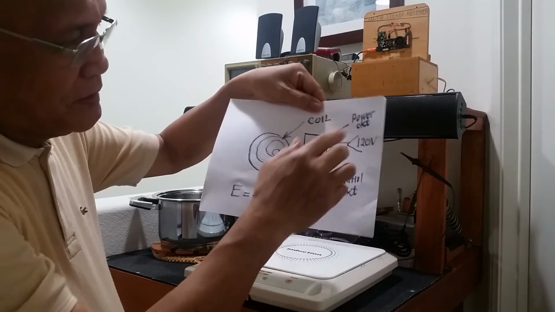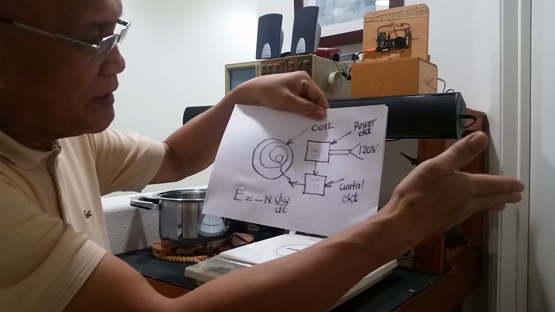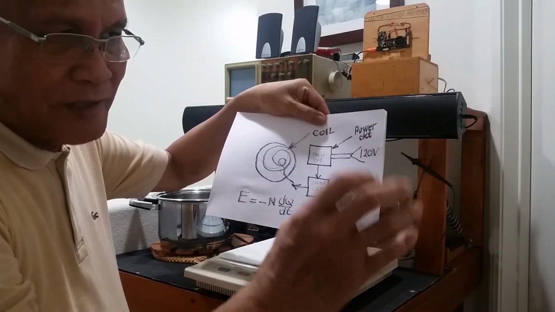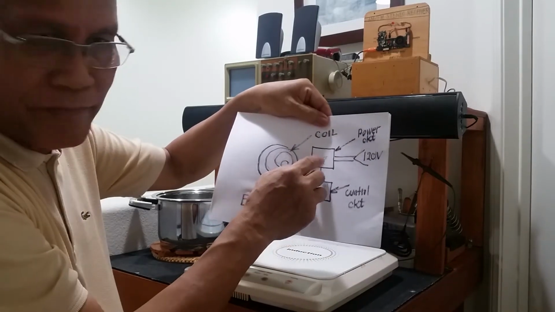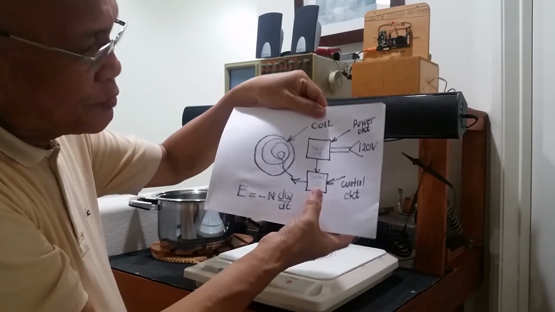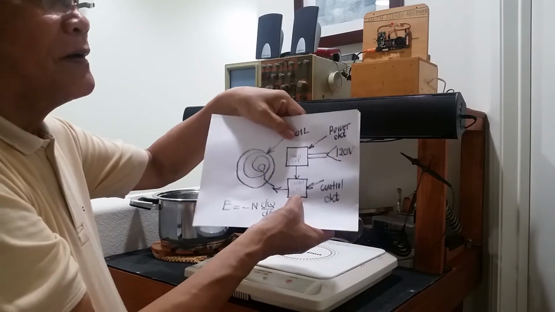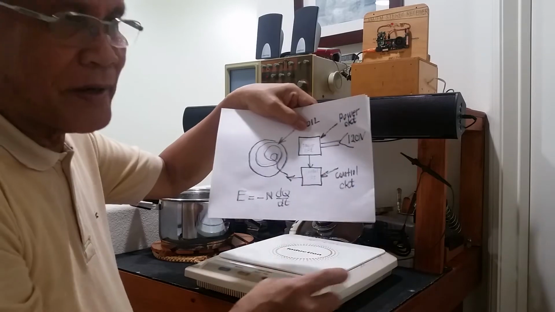The power circuit could be a rectifier or an inverter. For the control circuit, we need a DC voltage, so actually we need a rectifier here in the power circuit. That DC voltage will power the control circuit, and the voltage that's needed for it is not alternating current. It should be direct current.